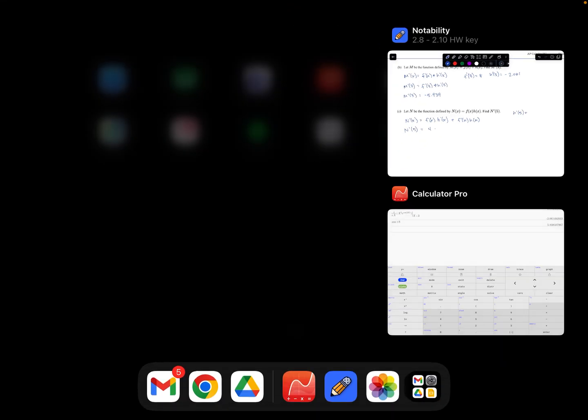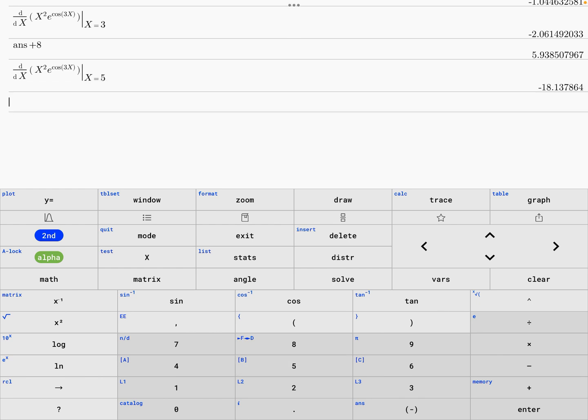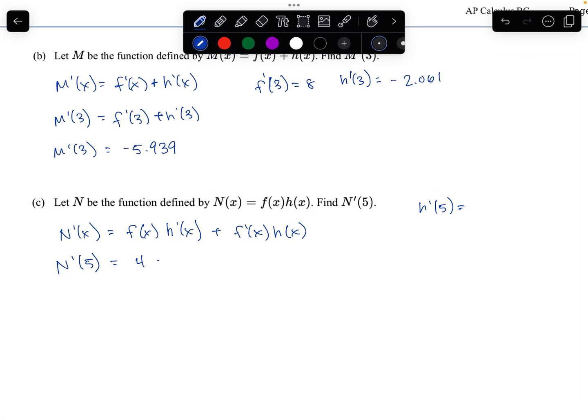We're going to copy down this function right here and replace x with 5, and click enter. So h prime of 5 is negative 18.138. That's what's going to go there.